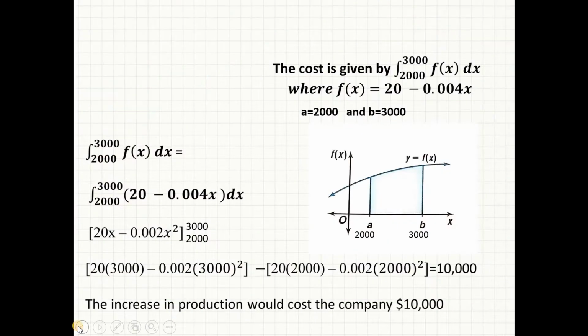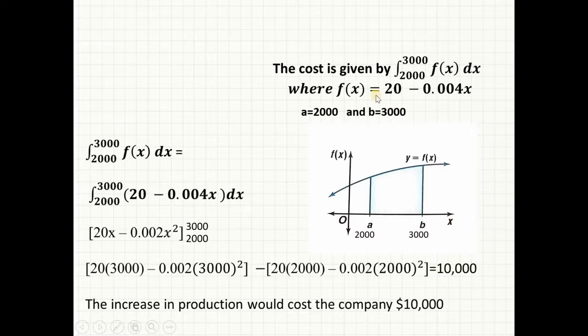The cost is given by the integral from 2,000 to 3,000 of f(x) with respect to x, where f(x) = 20 minus 0.004x. This is the cost function. The initial is 2,000, the future is 3,000. It means we start at 2,000 and end at 3,000.